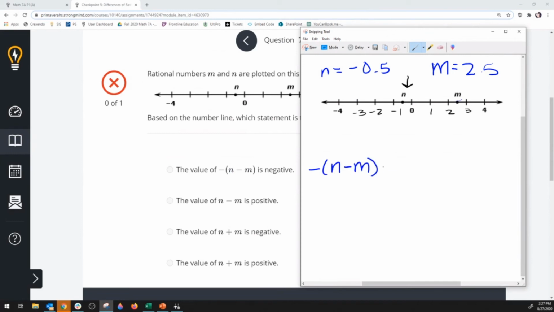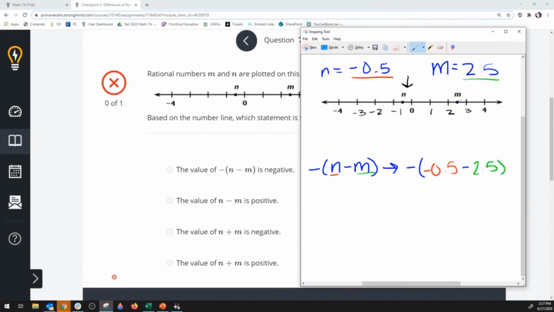When I plug in my numbers for my variables, my negative on the outside stays the same. Where n is -0.5, I'm going to write -0.5 in place of n. I have my minus sign in the middle, and then for m, I replace it with 2.5.